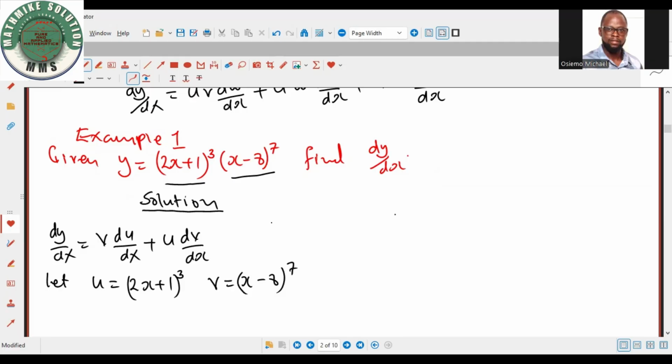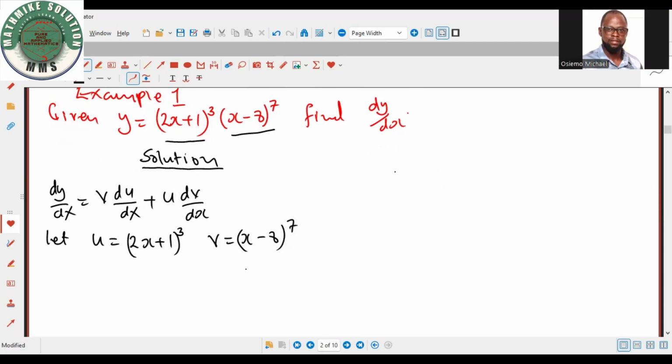So you realize that there's another problem here. If you differentiate du dx, there's another method that you need to remember so that you can find the derivative of u with respect to x. And that is the chain rule.